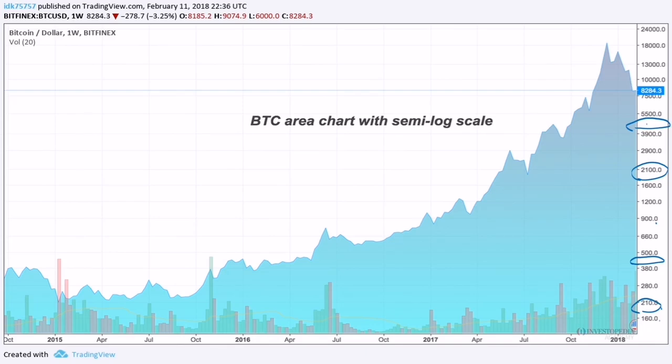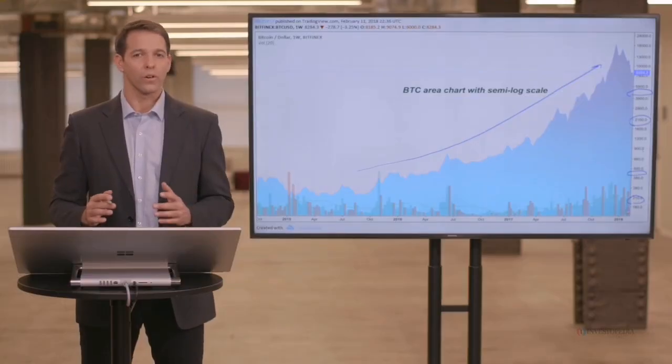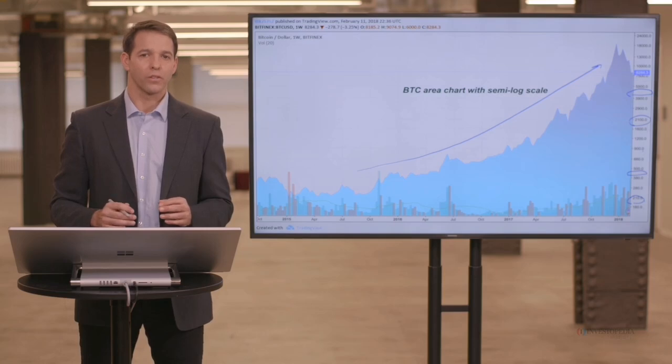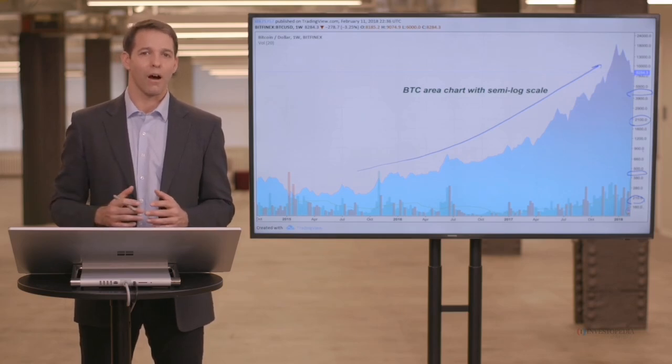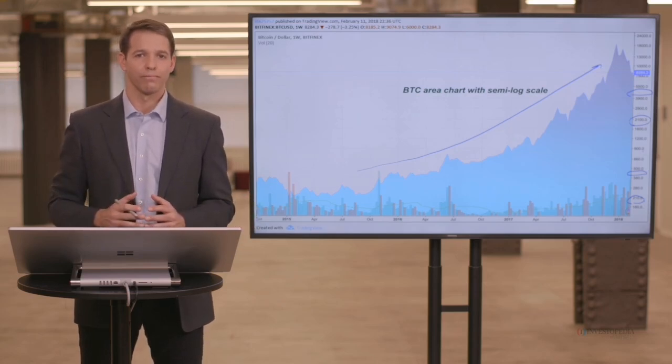This will show us that Bitcoin, even though the move has looked parabolic on an arithmetic chart, is not much different than the trend has been all the way since 2015. It doesn't look as dramatic on a semi-log scale as it does with an arithmetic chart. It's important to look at these semi-log charts because they show you that these trends tend to be the same over time. Even though something might look parabolic, it's happened in the past and probably will happen in the future.